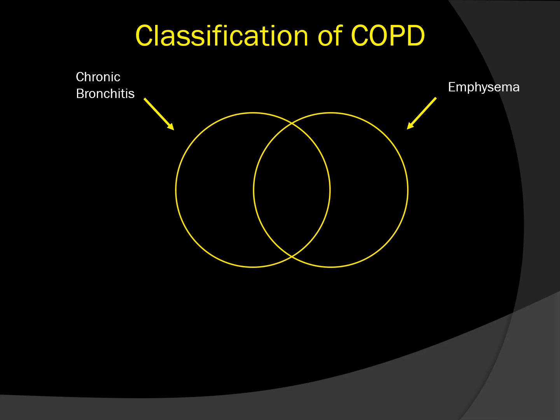Although we frequently see patients, usually smokers or ex-smokers, with chronic bronchitis and no clinical emphysema, or vice versa, the majority of our patients with smoking-related COPD have at least some chronic bronchitis and at least some emphysema. This may be due to a degree of smoking exposure or to genetic susceptibility.